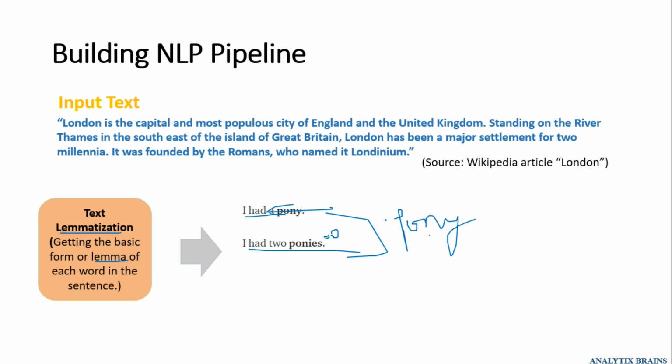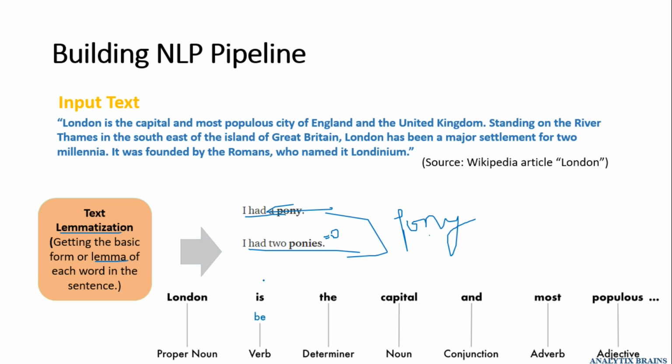When we go for calculating the frequency or occurrence of words in each document, or in the complete or multiple documents, converting the words to their base form will help increase the number of occurrences of the word. In the case of this sentence, the word is has been changed to be, that is the verb.